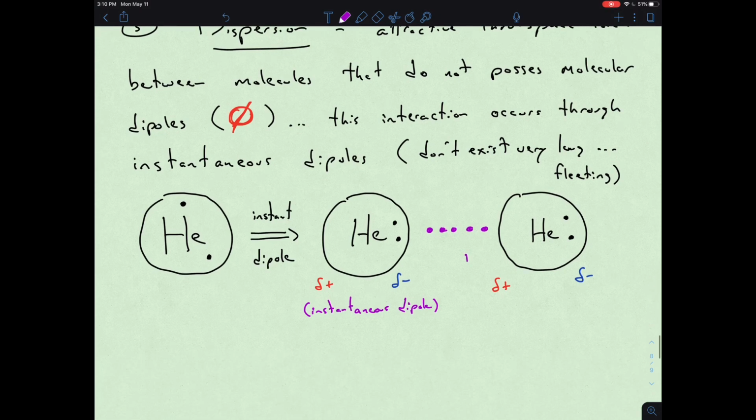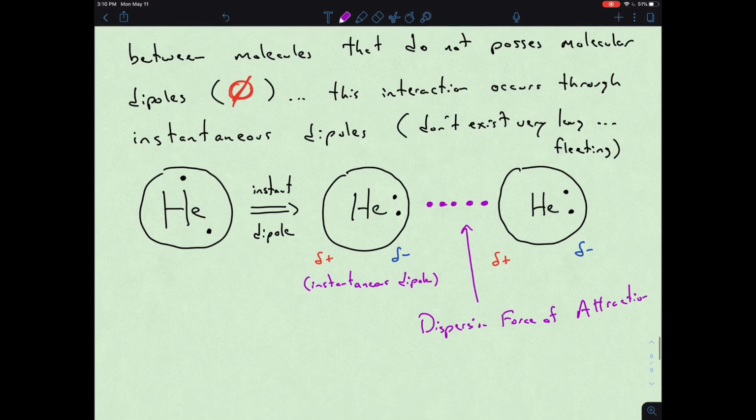And there is our dispersion force of attraction. And a lot of gases tend to possess this as their force because it's actually generally the weakest of the bunch.